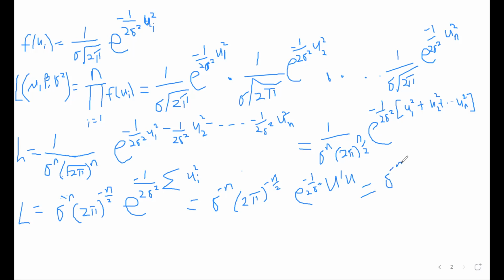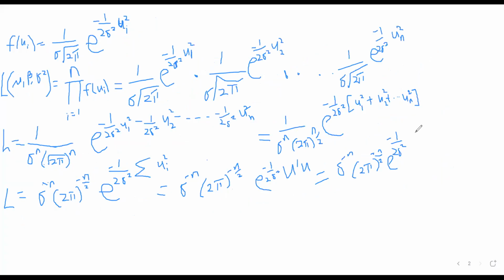So sigma negative n, 2 pi negative n over 2, and then e to the power negative 1 over 2 sigma squared, u transpose u.